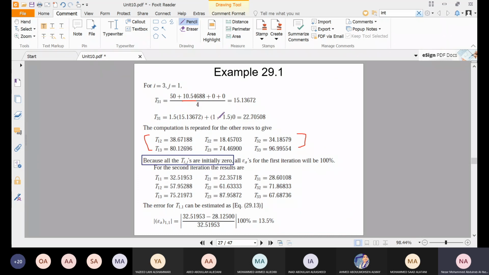After that, we use the over-relaxation method. We do the computation for all the nodes, starting from T11 up to T33. After that, we check the error. Then for the second iteration, these nodes represent what we call the old values.